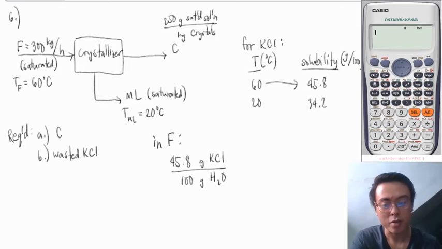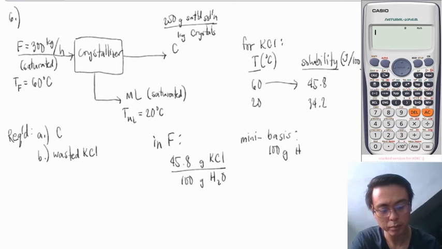We somehow have to find a way to convert this ratio into a mass fraction or a mass percentage. The way we do that is to create a mini basis. So what is a good mini basis for crystallization problems, especially if you're given solubility data? Always take a look at the denominator. In this case, your denominator is 100 grams of water. Therefore, my mini basis is 100 grams of water.